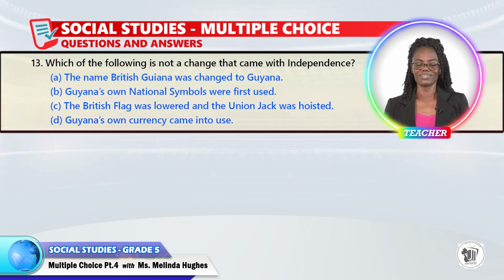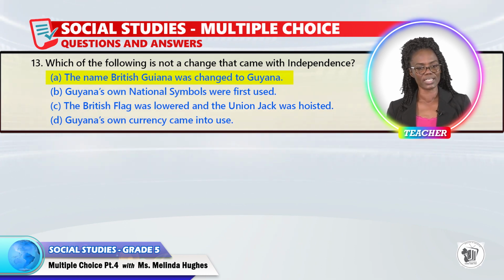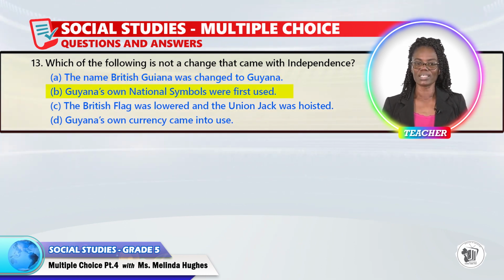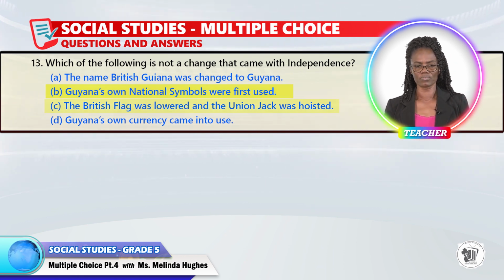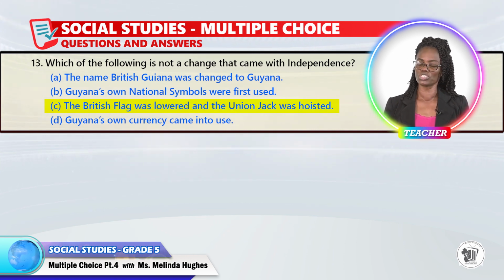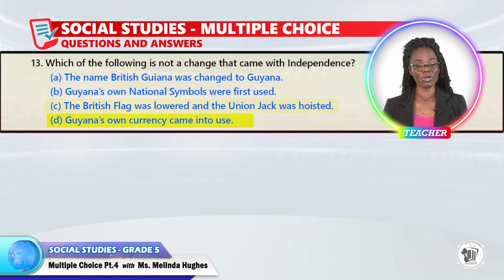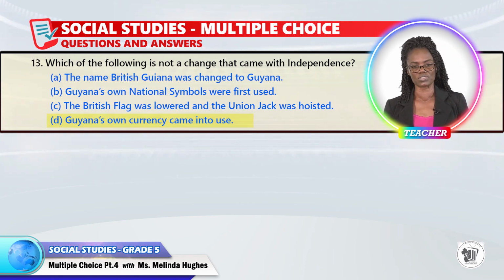Question 13. Which of the following is not a change that came with independence? A. The name British Guyana was changed to Guyana. B. Guyana's own national symbols were first used. C. The British flag was lowered and the Union Jack was hoisted. Or D. Guyana's own currency came into use.